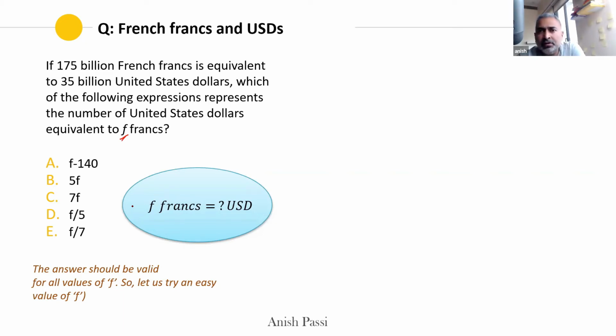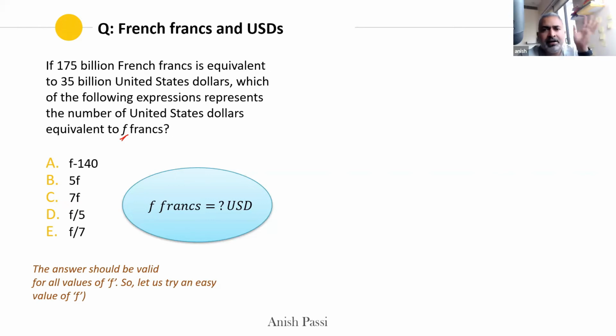Why is this useful? Because now I can think of F as some easy value for me. Now, what does easy value mean in this context? An easy value would be something for which it is easy for me to understand correspondingly how much US dollars I'll have.